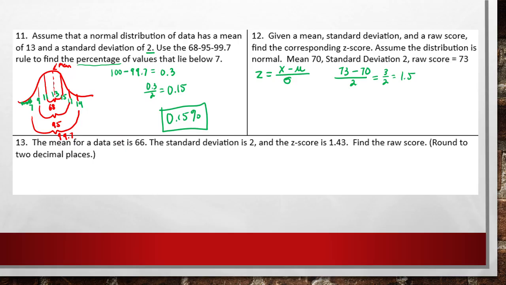So we have a z of 1.5. So again, just going through that formula, it's your x value, which is your raw score, minus your mean, which in this case was 70, divided by the standard deviation. That is the formula. And sometimes your z-score, remember, ends up being negative if your raw score is less than your mean.